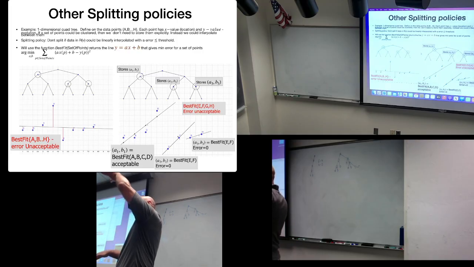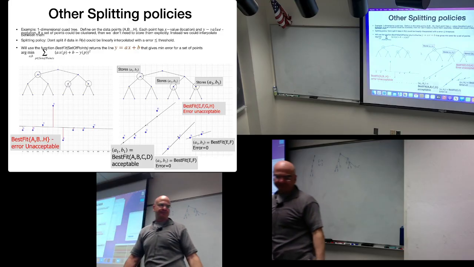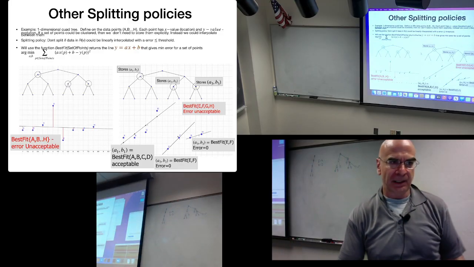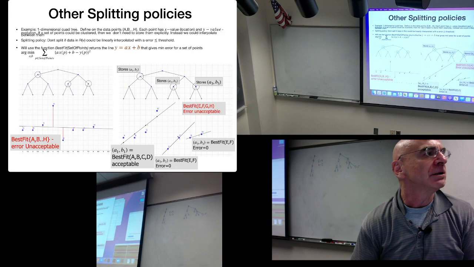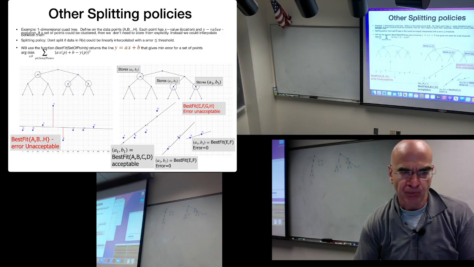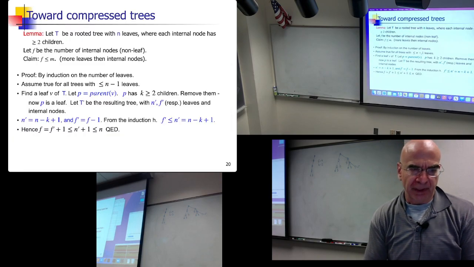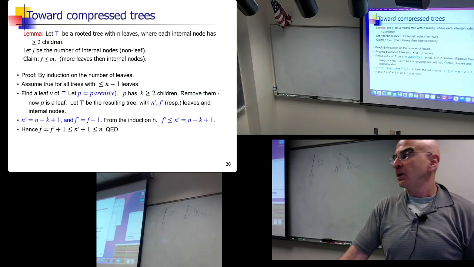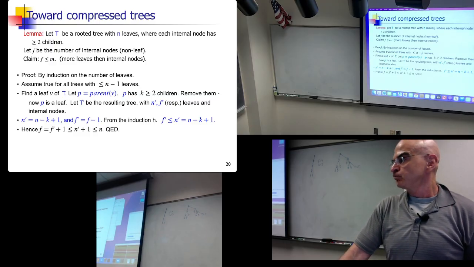If the highest and the lowest are too far away from each other, then I'll split it. So that's how I force an image to be constructed. Hopefully that's enough. Now I want to tell you about compressed quadtrees.